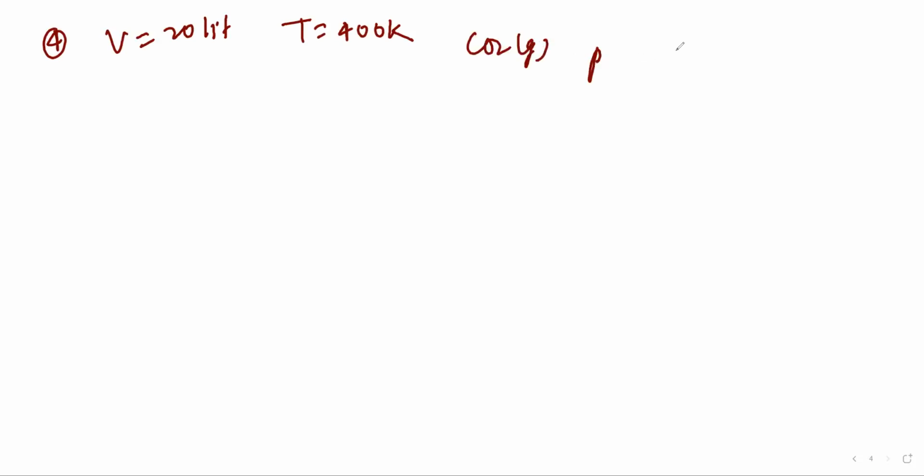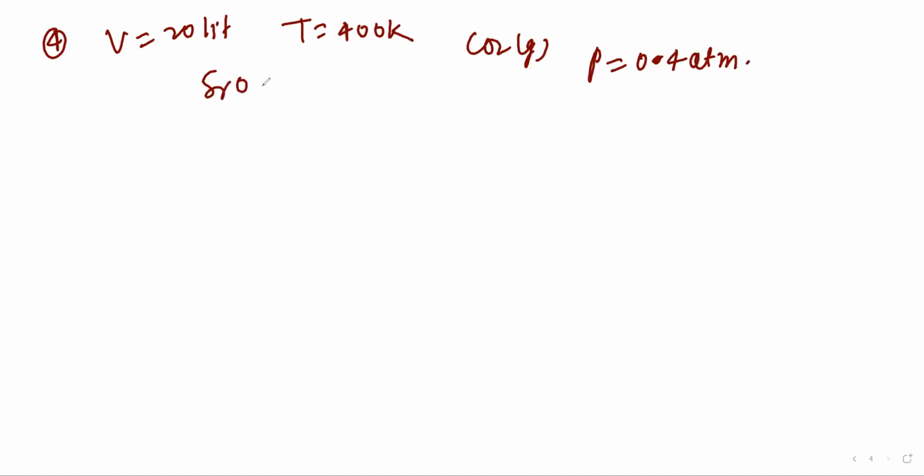Now look at the next one, the fourth one. It talks about a 20-liter container, so the volume given is 20 liter, and the temperature is 400 Kelvin. It contains CO2 gas at pressure P equal to 0.4 atm, with excess of strontium oxide.